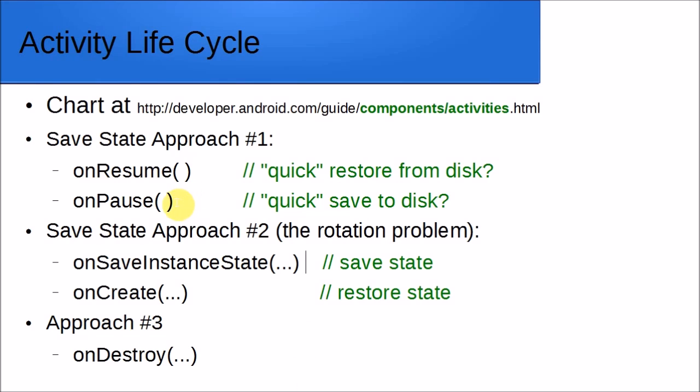Okay, so that's the role of on pause, on resume, to save things, reload things to disk, to the flash memory. But that's not the approach for rotation. One thing is that the flash memory will wear out if you save to it too much. The other thing is that this function is just a blank function.